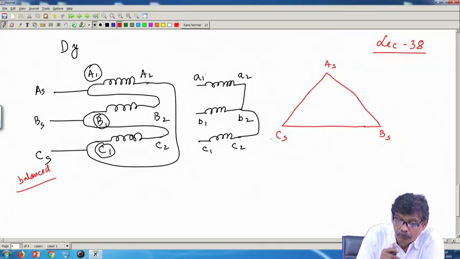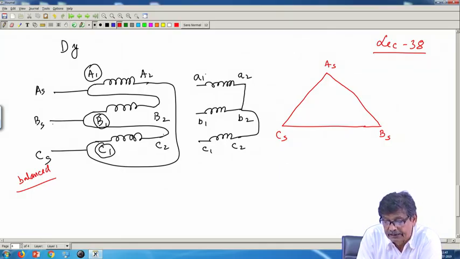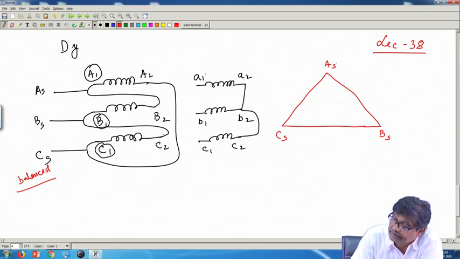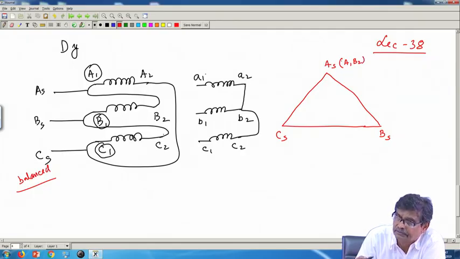Okay. Now, AS is connected to A1 and B2. So, I write here this point is A1, B2, either of them or together, same point. Similarly, BS is connected to B1 and C2.